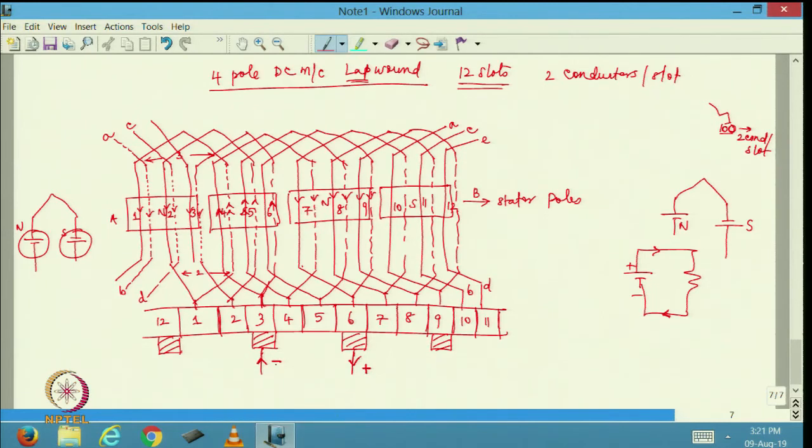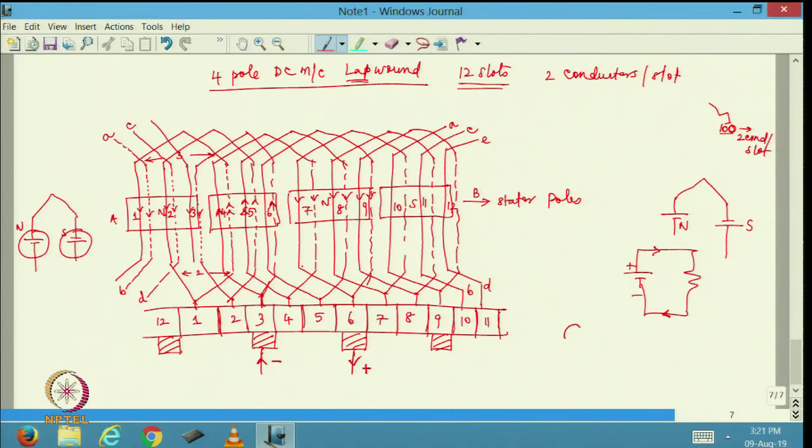Okay. Between the plus and minus, let me try to look at the coil. This is one coil, right. This is going like this. This is the second coil which is going through 5 and this is the third coil which is going through 6.